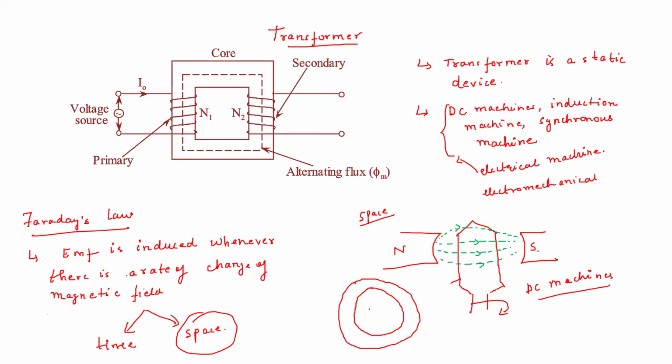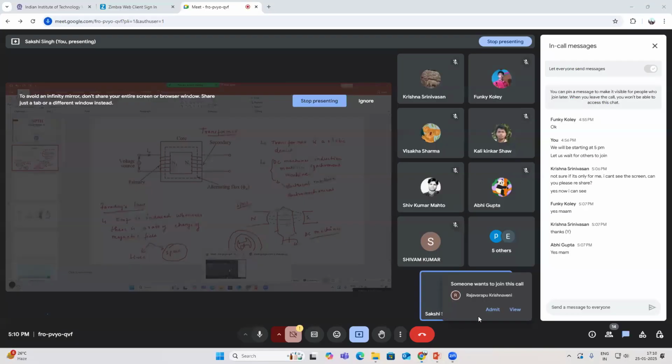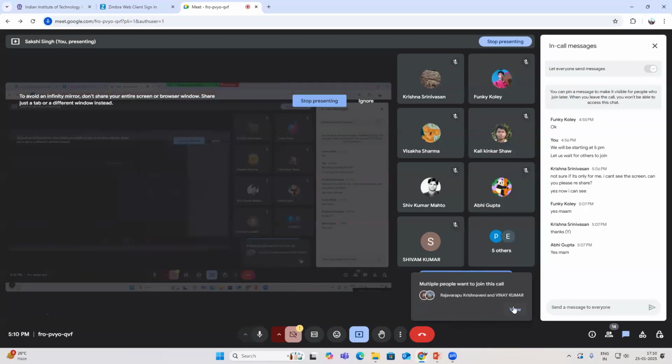If it is a synchronous machine, it is like this, and then they have a rotor. Similarly, for the induction machine you have some other diagram. In all the machines you have one stator part which is stationary, and one rotating part which is the rotor.